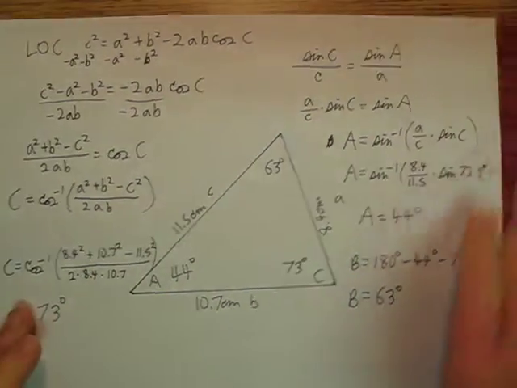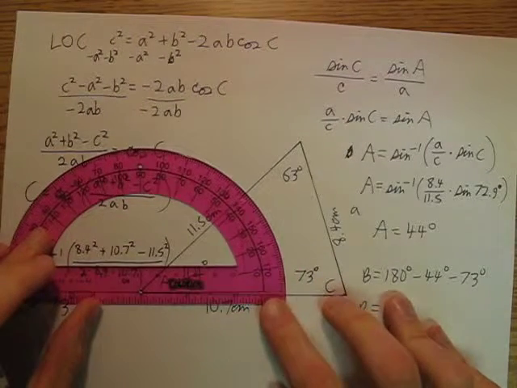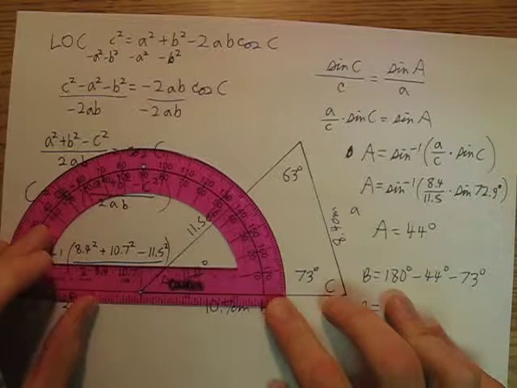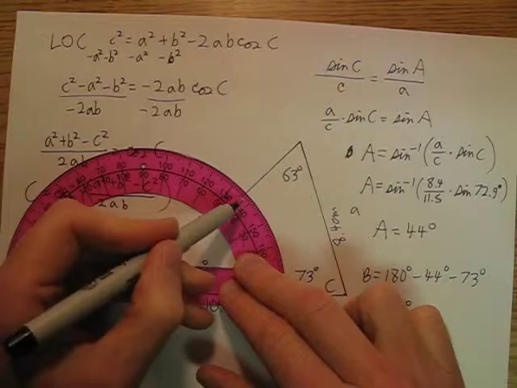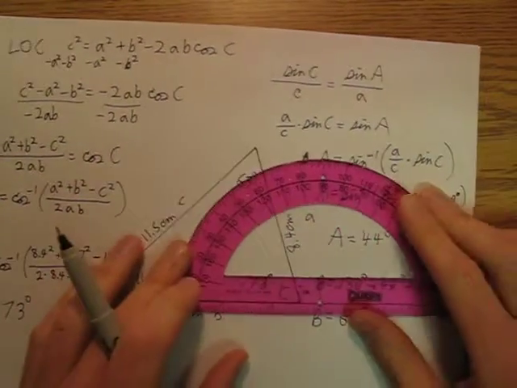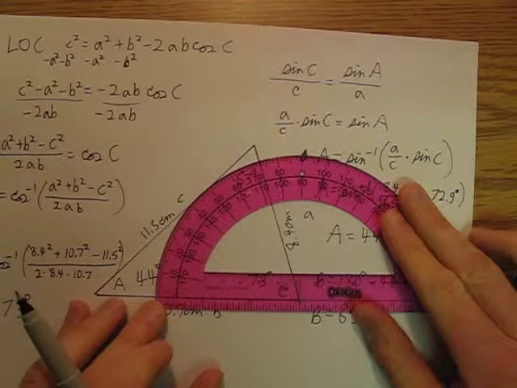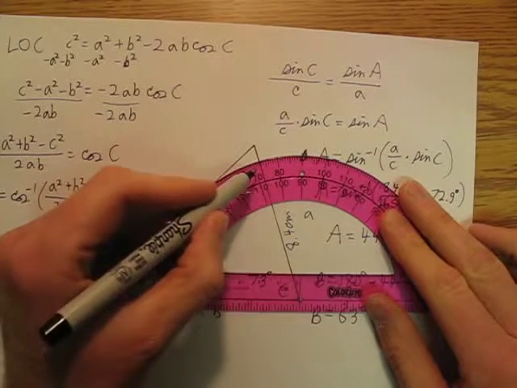Okay. So I get out my protractor and I slap it on there, and I get that right there. There's 44, I nailed that one. Slide that over here, hit it right there, and I got 72.